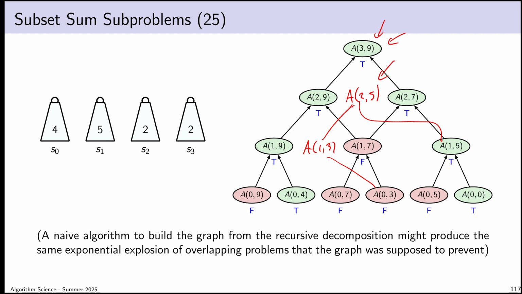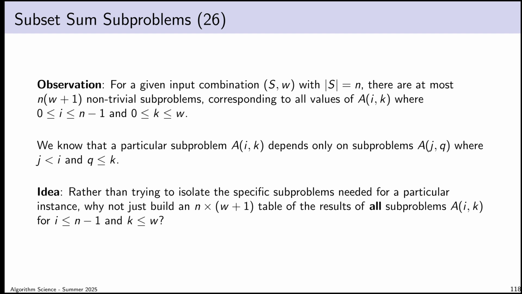Then I ask myself, what is the complete set of subproblems that could exist, even the ones that I don't need? For example, there's also A21, and A28, and things like that. The maximum value of i is going to be 3, so i is between 0 and 3. And the maximum value of k reasonably should be 9, because why would I care about subsets of size larger than 9? For any given input combination with n things in S, there are at most this number of subproblems that could ever be relevant to me.